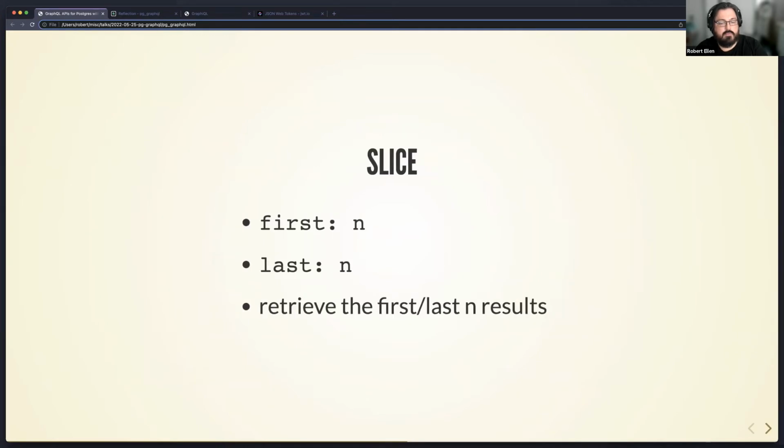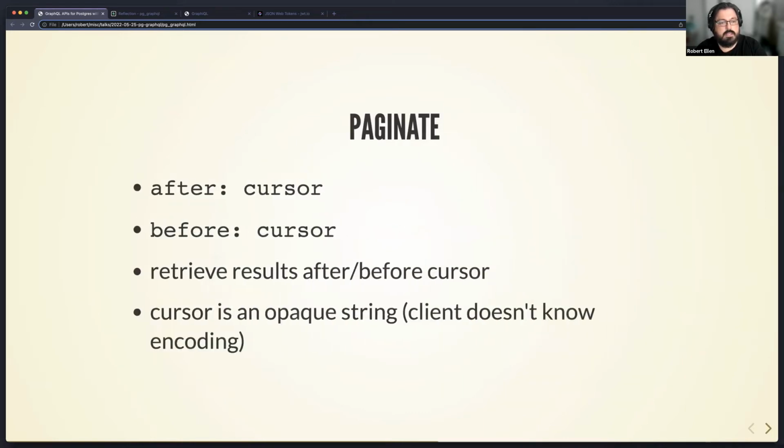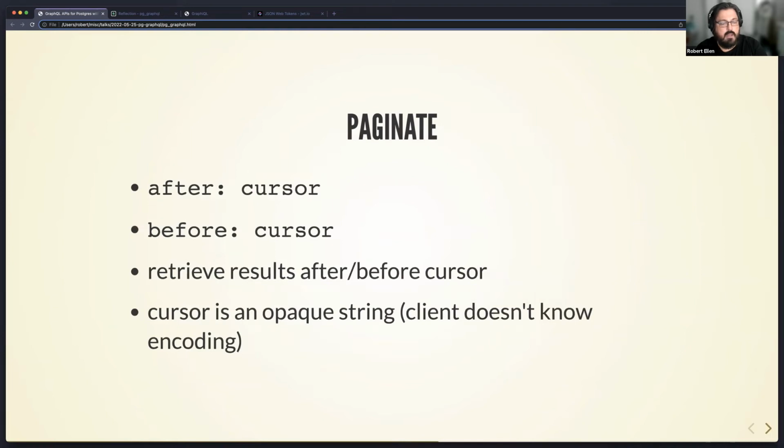So yes, the four features: slicing, we've got the first and last n, retrieving the first and last n results, fairly straightforward. Pagination, the before and after cursors, and that tells the server effectively an offset. So yeah, we can get the first 10 records after a particular point in the collection.